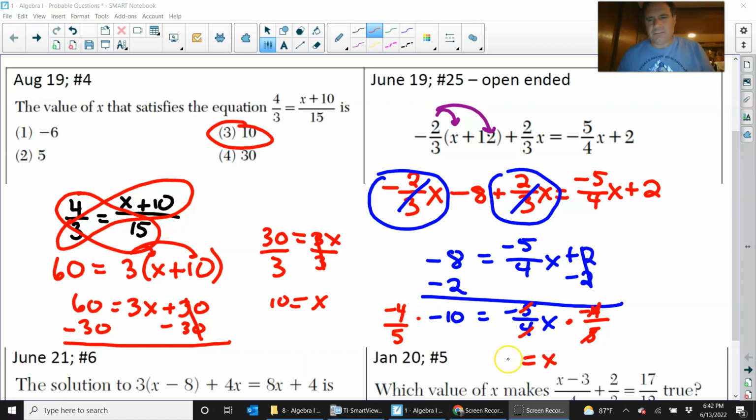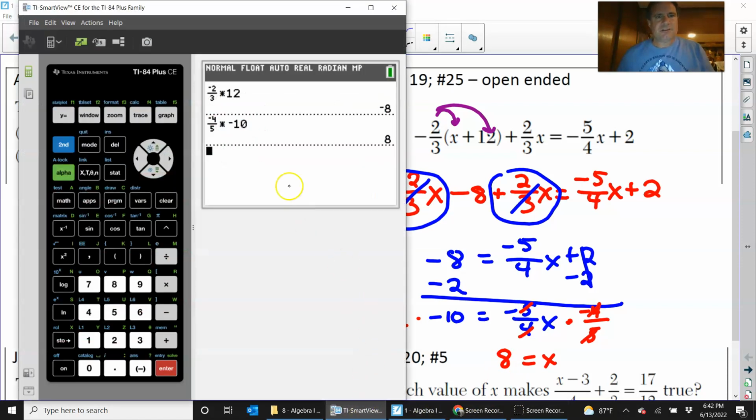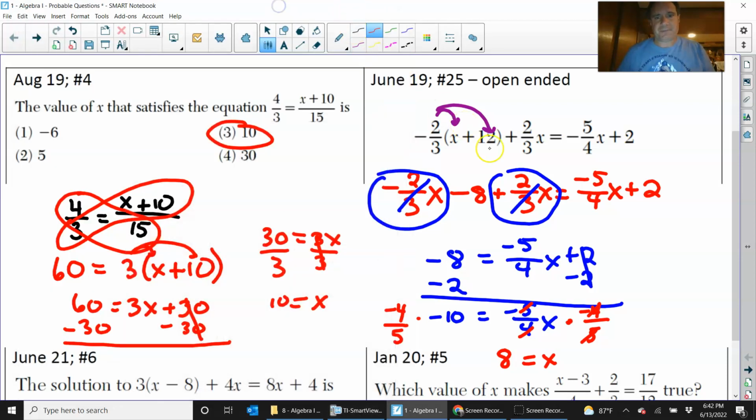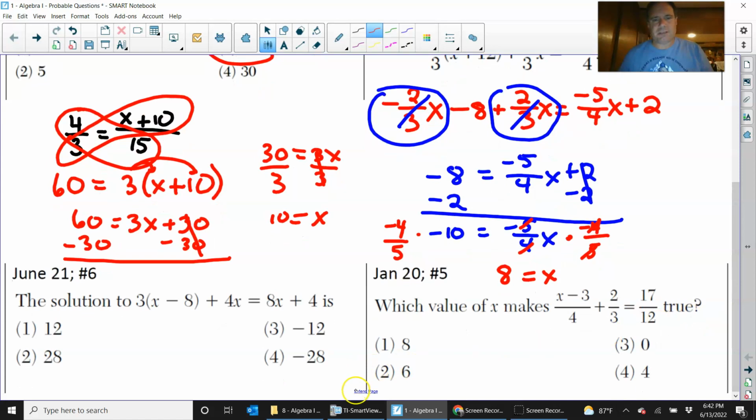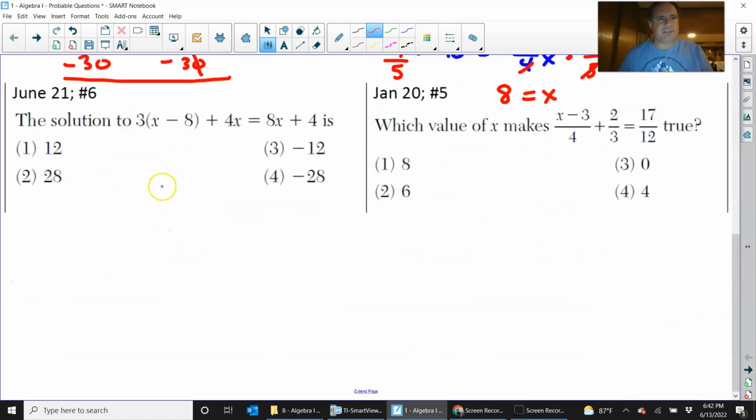Once you have that on both sides, it will equal 8. You put it in the calculator, negative 4 over 5 times negative 10 is 8. So that is an example of an open-ended question that you could possibly see.